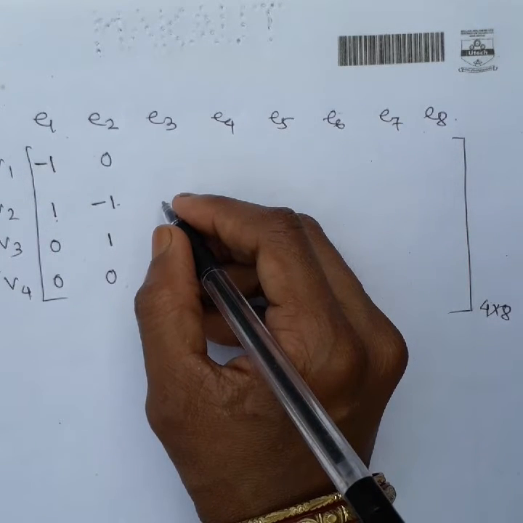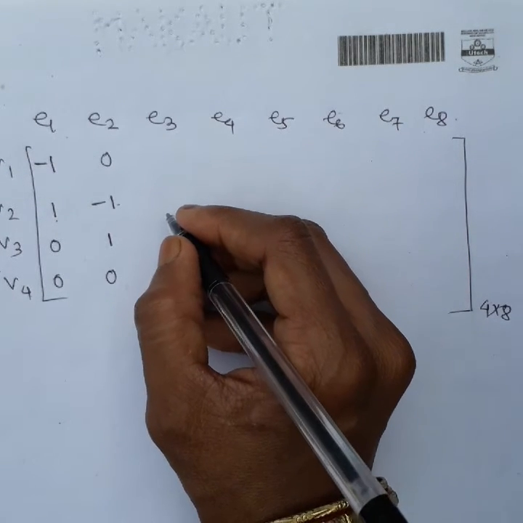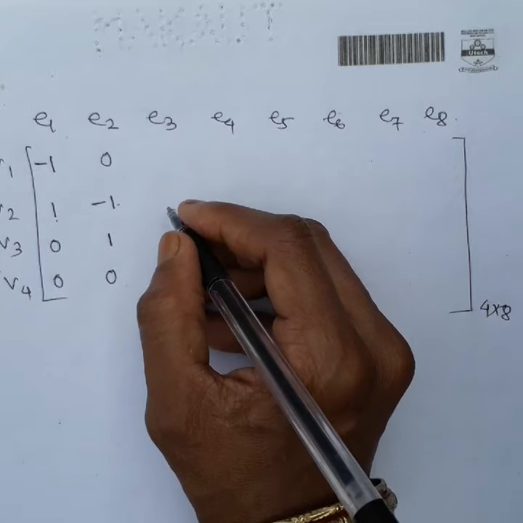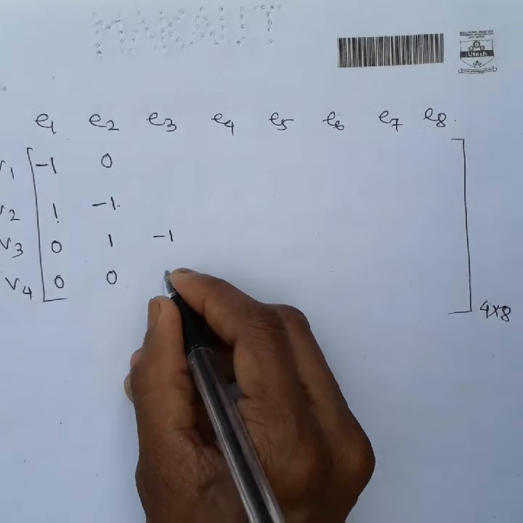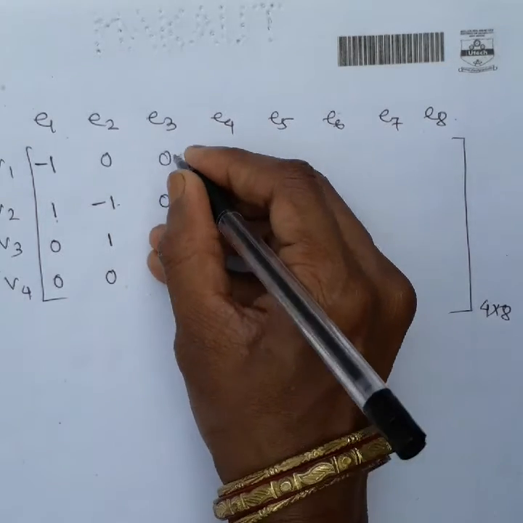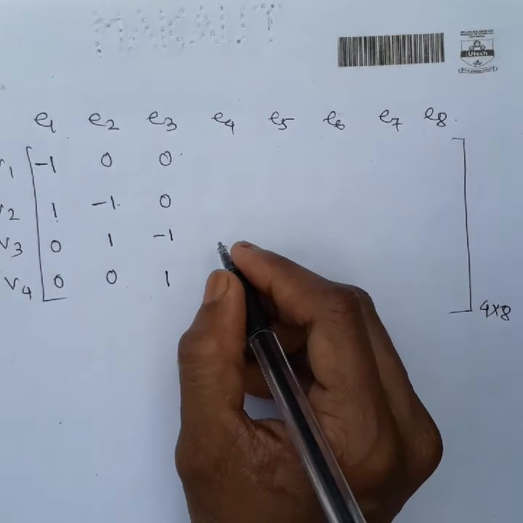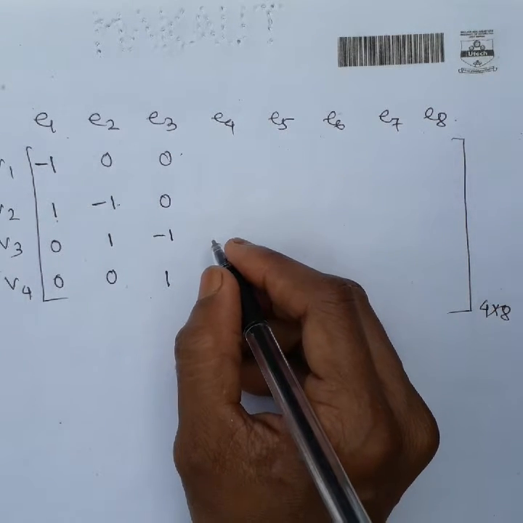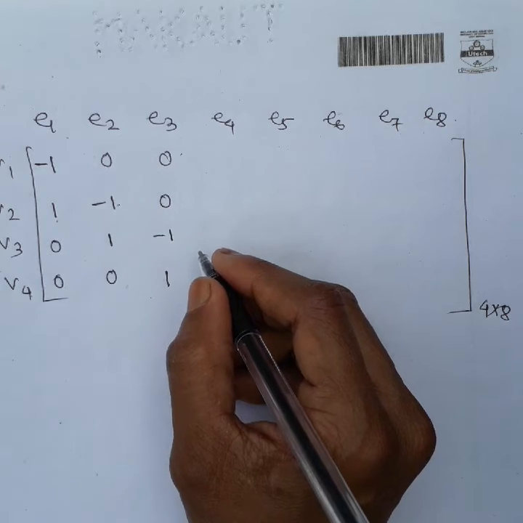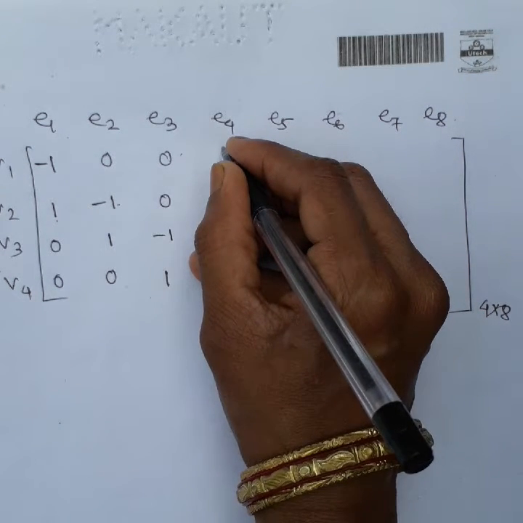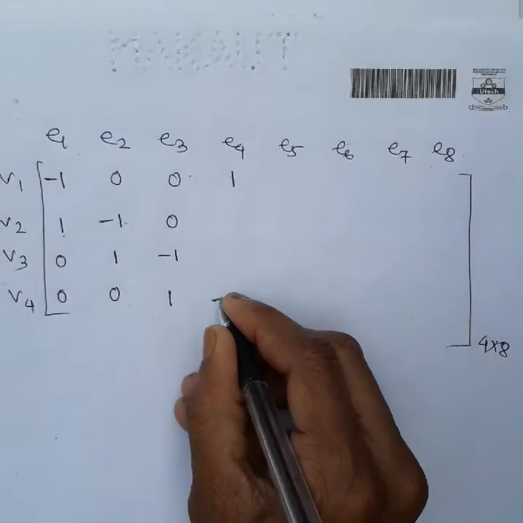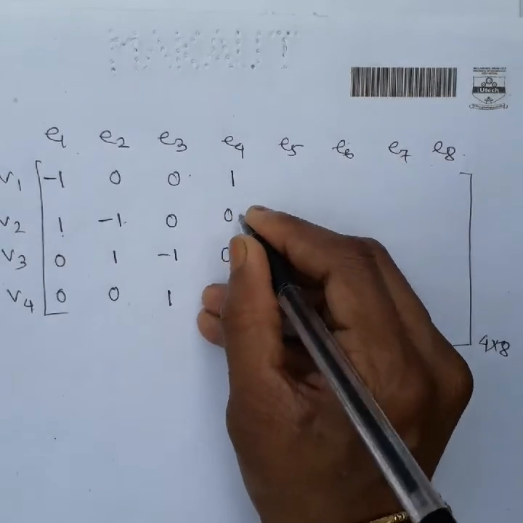Next for E3, E3 is between V3 and V4, but the direction towards V3. Okay, so V3 is -1, V4 is +1. Similarly for E4, connected between V1 and V4, but its direction towards V4. That means the V4 position is -1.